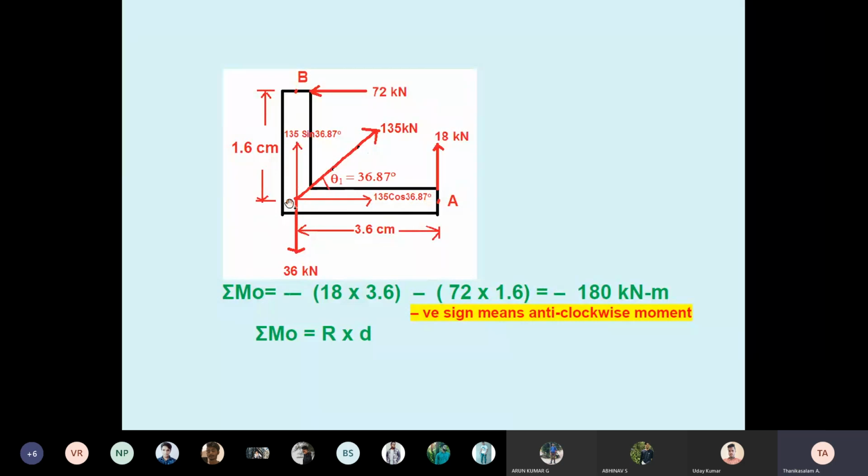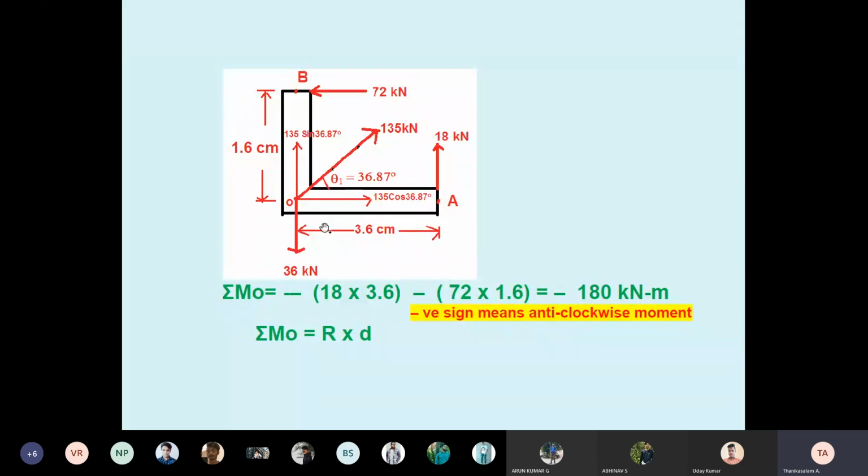So it is starting from point O, it does not give any moment. Then 135 sin 36.87. These three forces are starting from O or going away from O, on the same line. So these three forces do not give moment. Students, before taking moment, you have to identify which forces do not give moment.